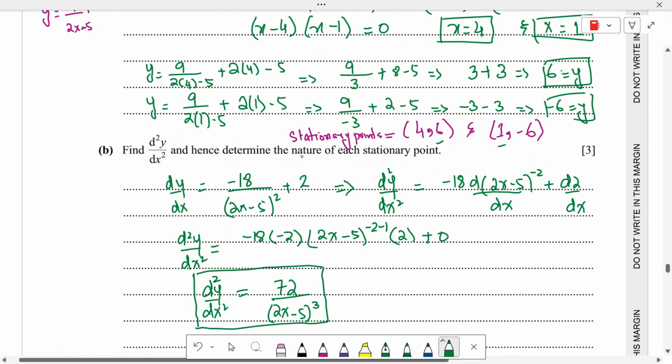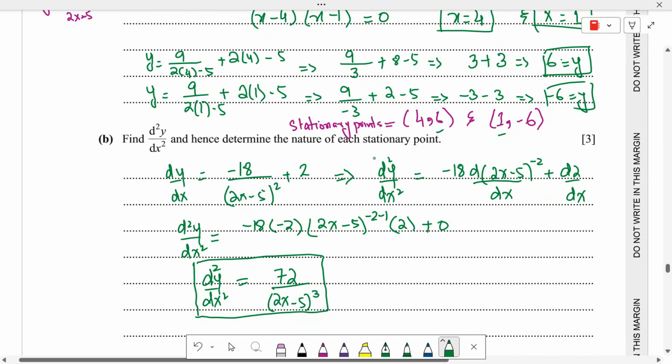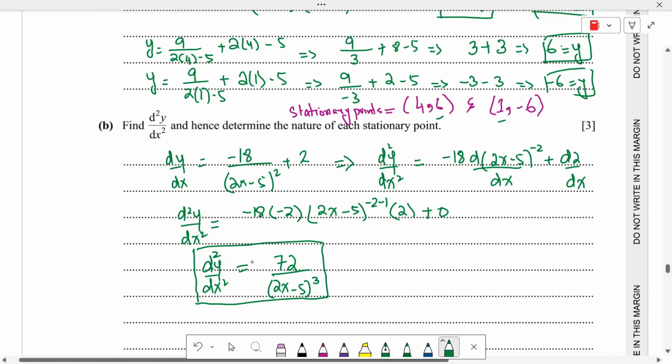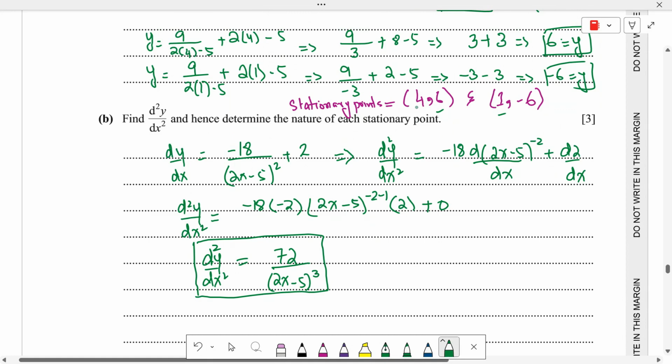Now we need to find the nature of each stationary point. So we will plug the stationary points into the second derivative equation. First we plug stationary point (4, 6).